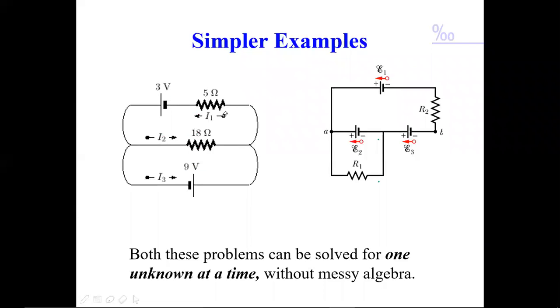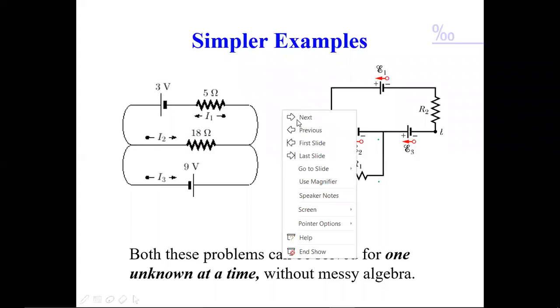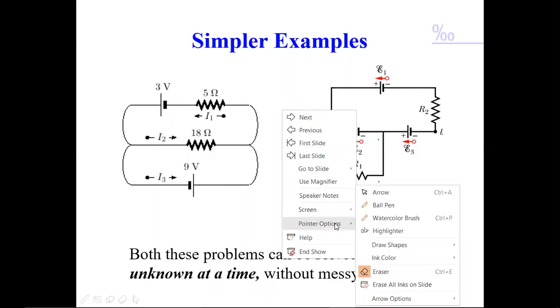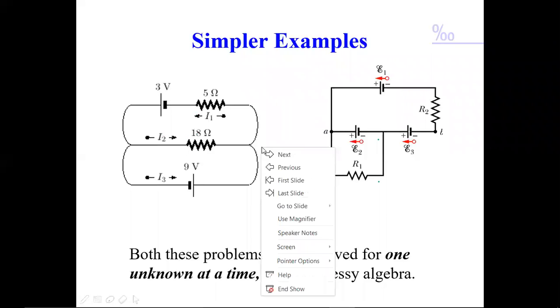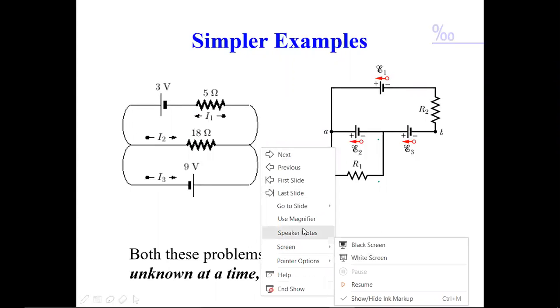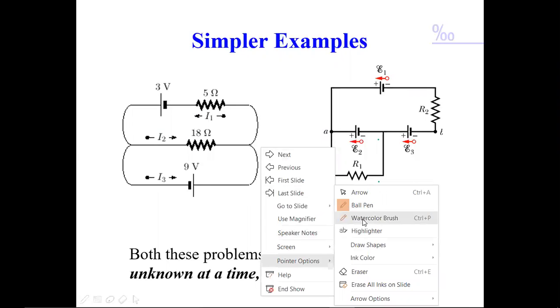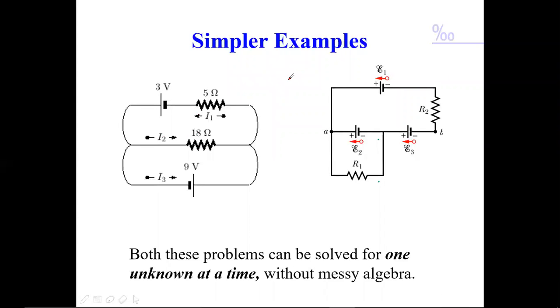No need to redraw the current paths again. In the question itself, he has given the clear directions. This is the I1 direction. Let me add my marker.